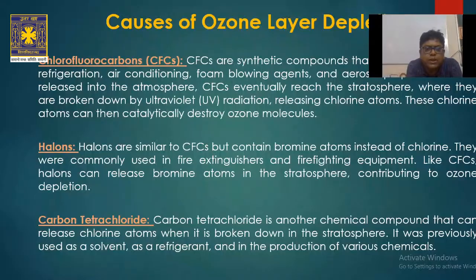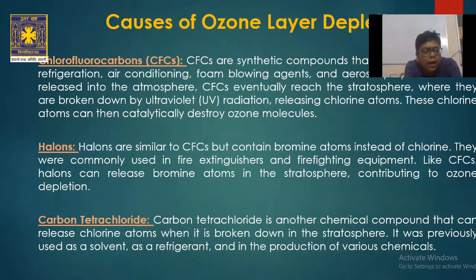Halons are similar to CFCs but contain bromine atoms instead of chlorine, and they are commonly used in fire extinguishers and firefighting equipment. Halons can release bromine atoms in the stratosphere, contributing to ozone depletion. The release of bromine atoms due to halons puncturing the stratosphere is really very fatal for future civilization.